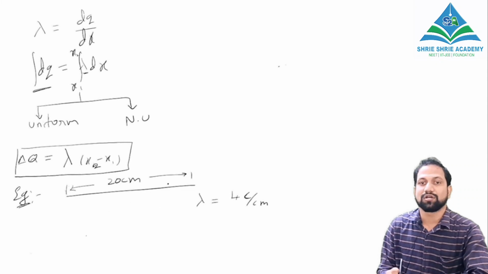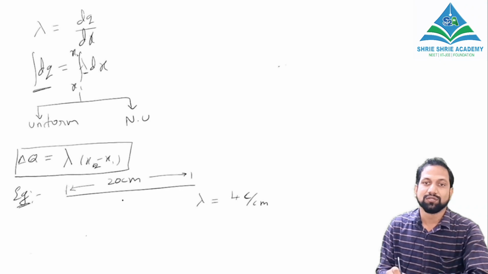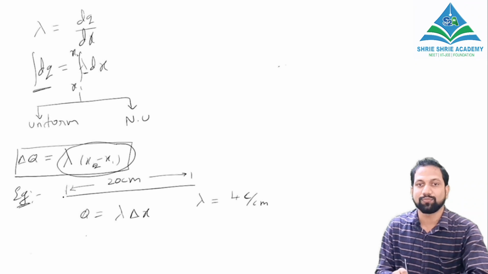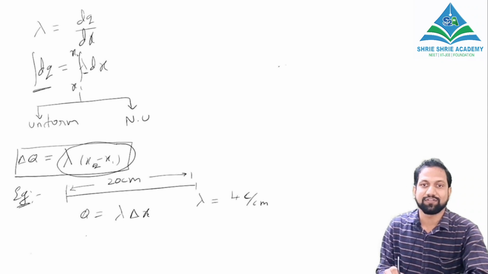Then the total charge contained by the wire, Q, from this formula, equals lambda into del x. Del x is nothing but the gap over which we are finding the charge. If you are finding the total charge on the total length, then you have to take the complete length of the wire.